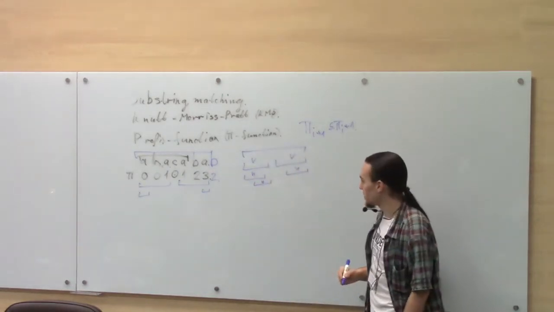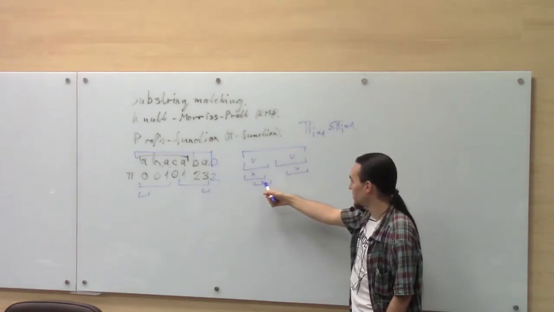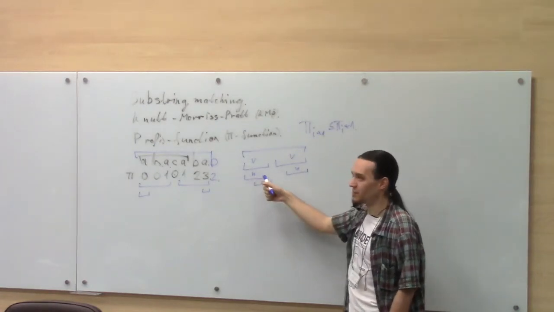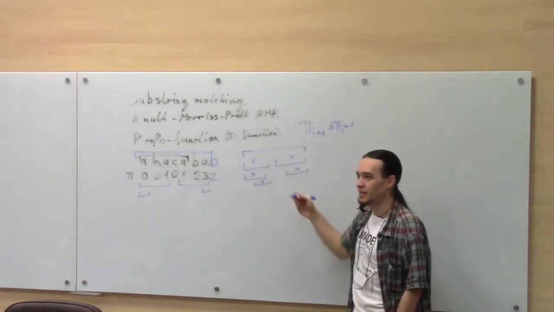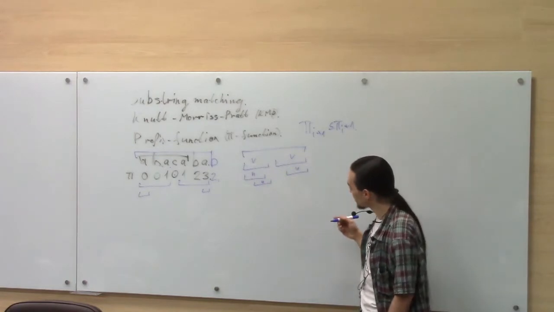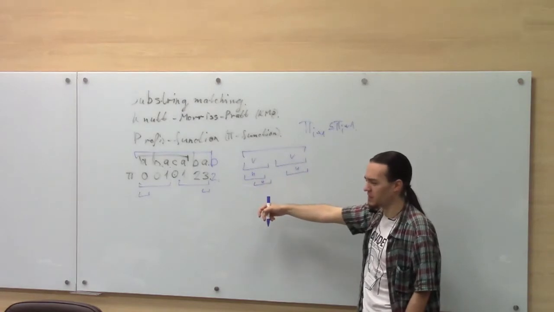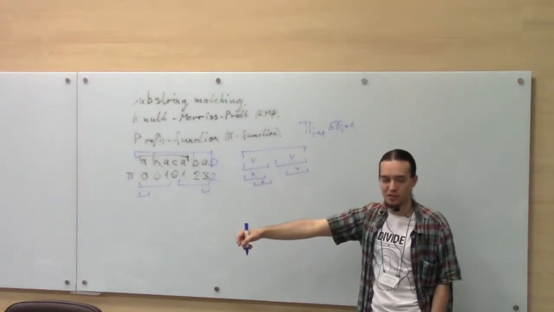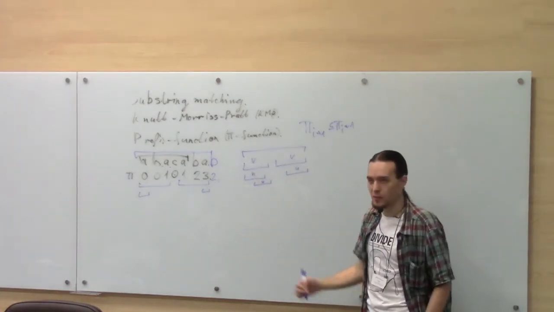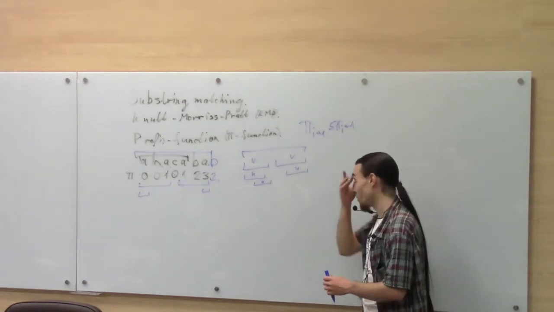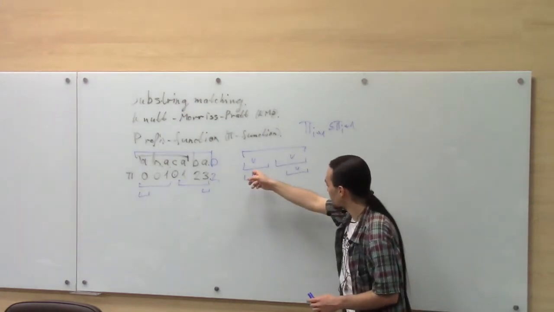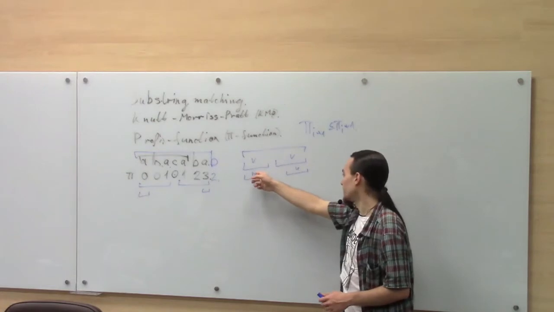So we can see that u is a match of a prefix and a suffix in v. And out of all these matches of the prefix and the suffix in v, it's also the longest, because we wanted to go for the longest match.